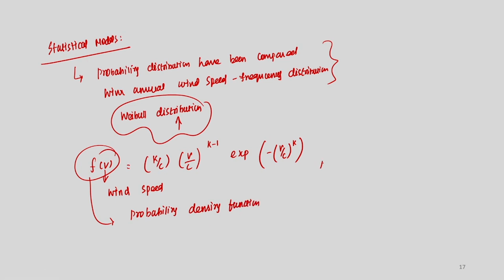And what are this k and c? K is nothing but the Weibull shape factor, and c is nothing but the Weibull scale factor. So, there is something called capital F of V, which we call the cumulative distribution function.